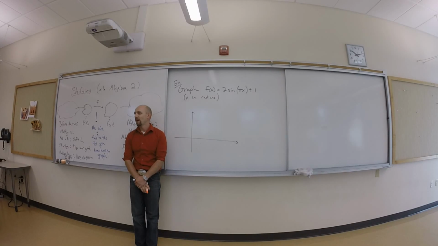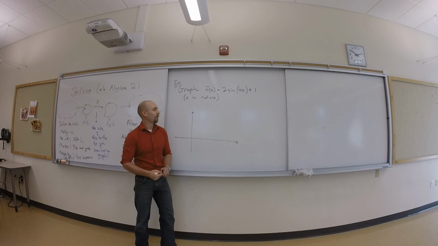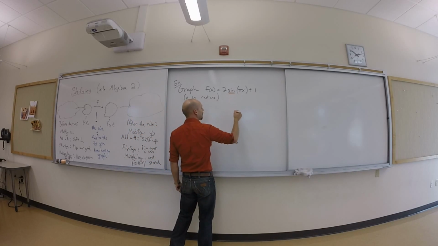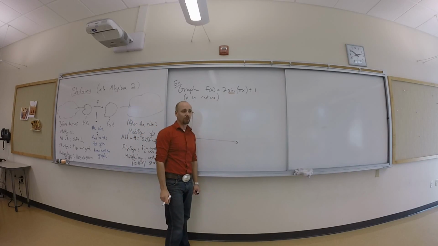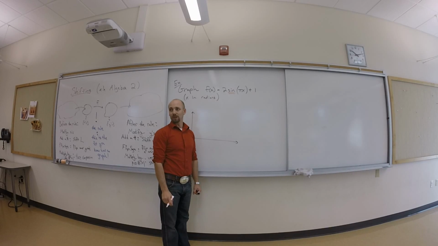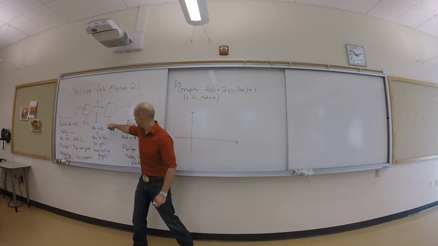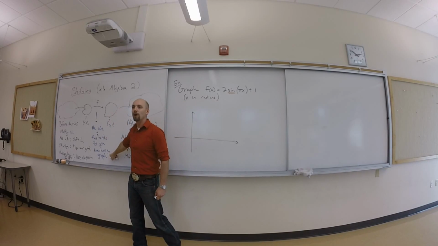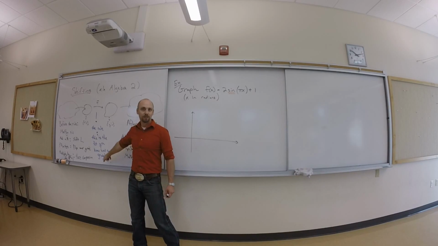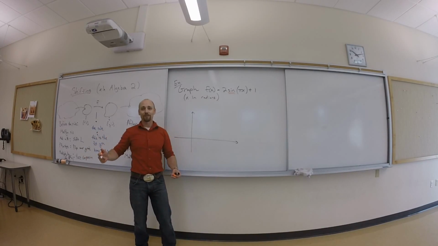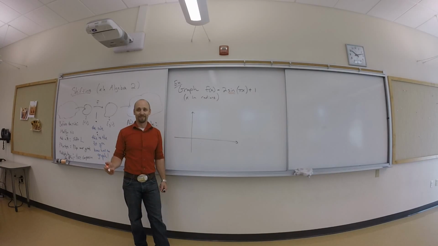What's the thing you recognize the picture of? Sine, probably. I'm hoping you look at this and think to yourself, okay, that's my rule, the function I know how to graph. I know how to graph sine. If you don't know how to graph sine, you're totally sunk anyway.